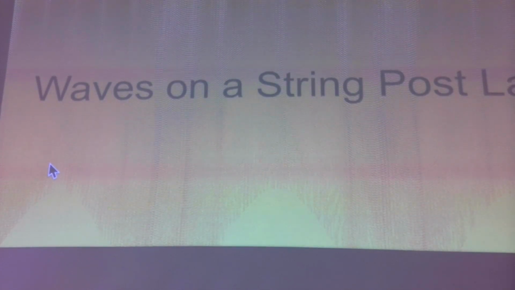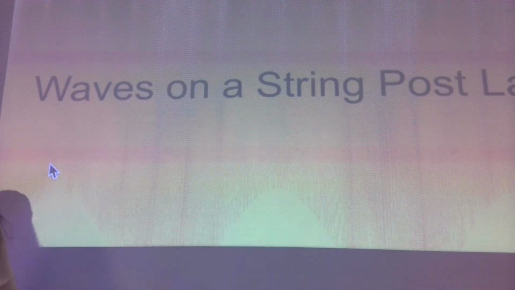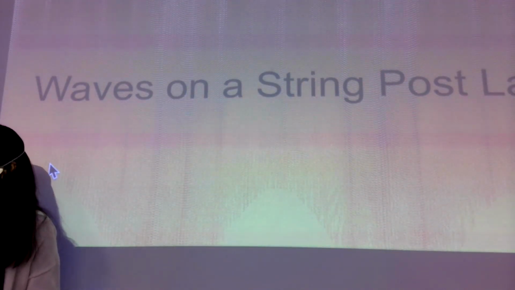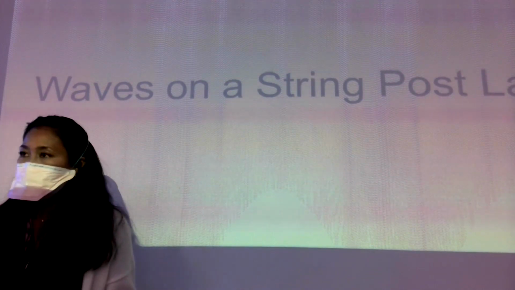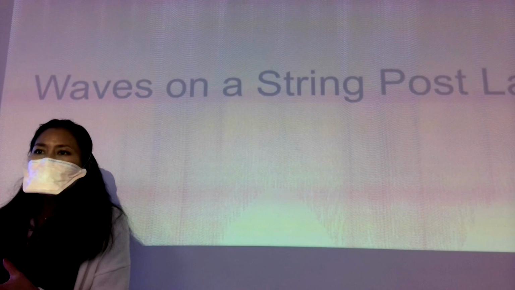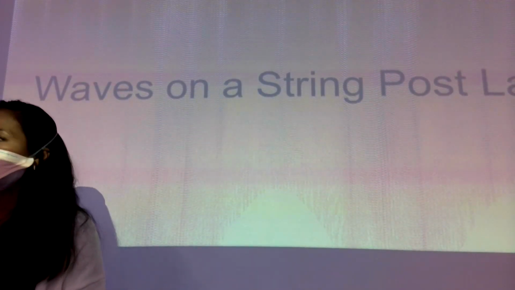Waves on a string. I want you to look at your Waves on a String graphs, and I want you to compare it to what I show you up here. Obviously, there's some room for error. If you moved your device a little bit, or if your mouse was too strong, some students didn't get any change in data.